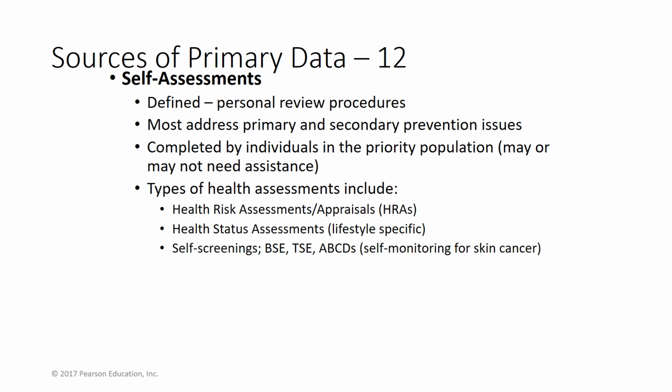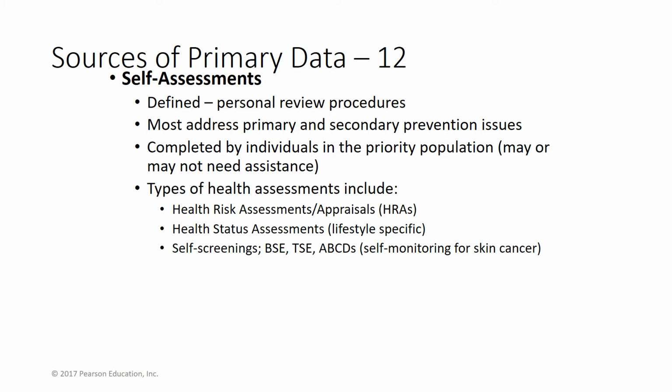The second bullet, most address primary and secondary prevention issues. Recall the difference between primary, secondary, and tertiary prevention. In primary prevention, the person is in a situation and we want to keep or maintain that situation. There are two things you have to consider when determining which level of prevention.